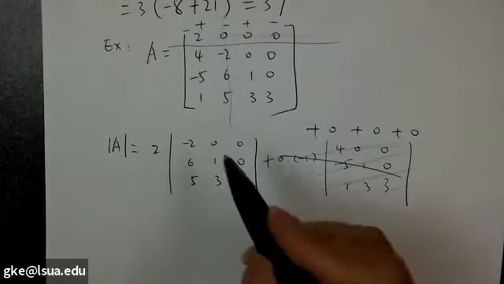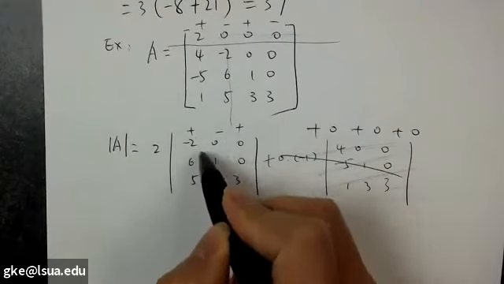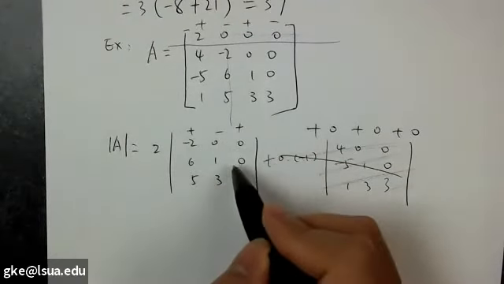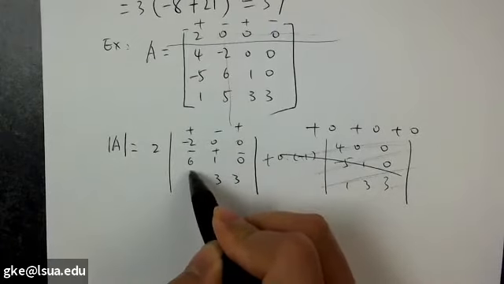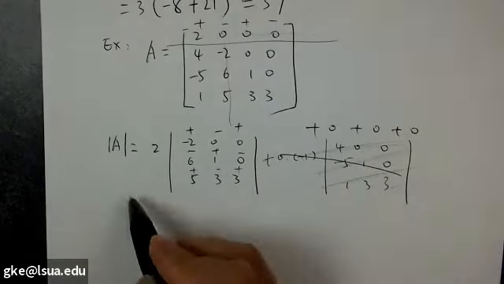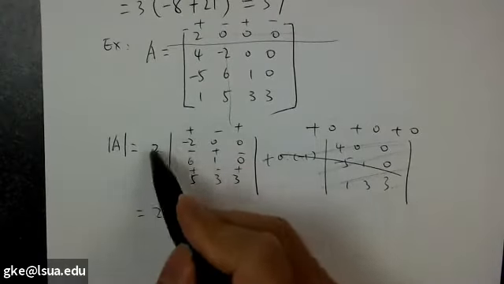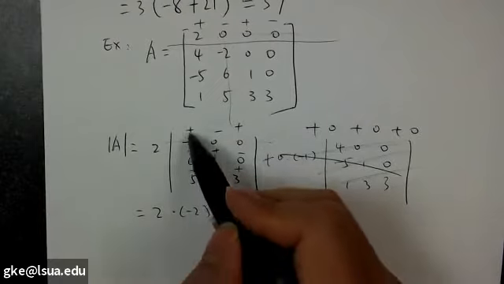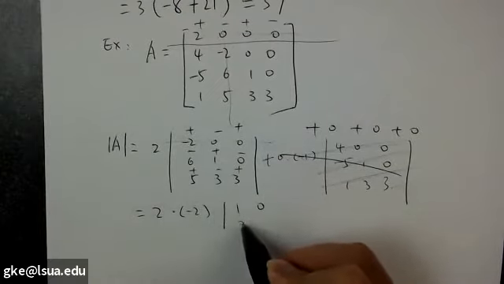Of course, for the first term, we're still gonna follow the first row because the first row has 2 zeros. The same thing times -2. First row, cross out the first row, the first column. We're gonna get 1, 0, 3, 3.